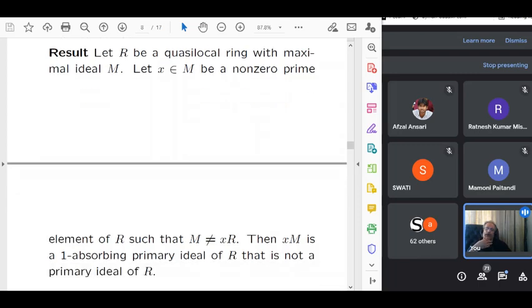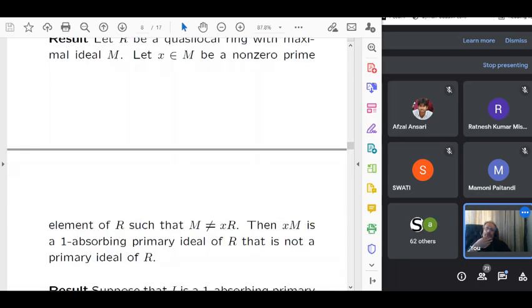Then if you multiply M with X. I don't know why I wrote non-zero prime, because by definition, I think a prime element cannot be zero. Am I right? Yeah, I think it's a matter of definition. It is a non-zero, non-unit prime element. Then this ideal is a one absorbing primary ideal of R that is not primary.